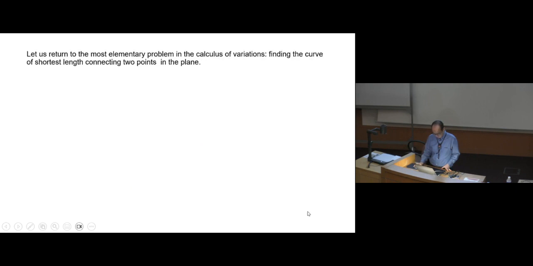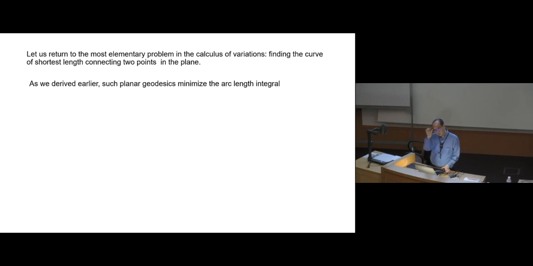Then let's move on. So now, let's return to the most elementary problem in the calculus of variations: finding the curve of shortest length connecting two points in the plane. As we derived earlier, such planar geodesics minimize the arc length integral in the plane.